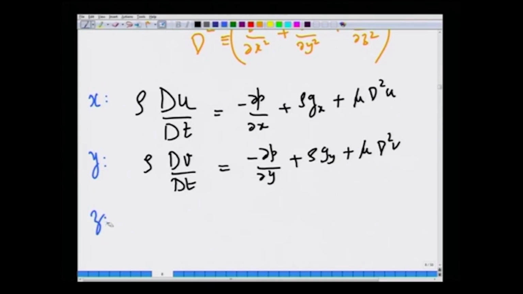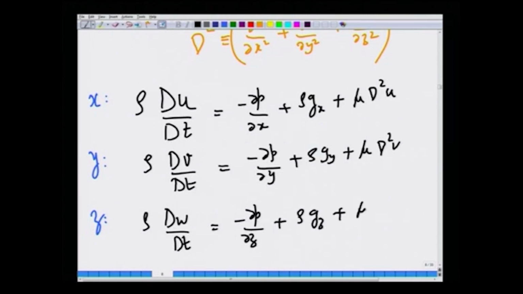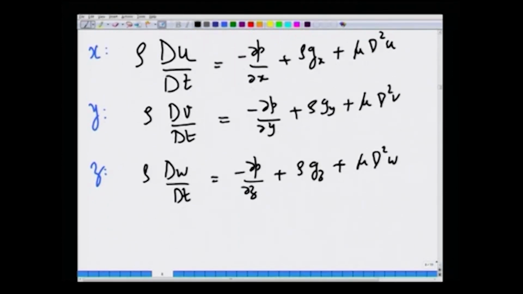This is the z component, mu del squared w, and of course one has the continuity equation, the mass conservation equation, the differential form of the mass balance, which is partial u partial x plus partial v partial y plus partial w partial z is 0.